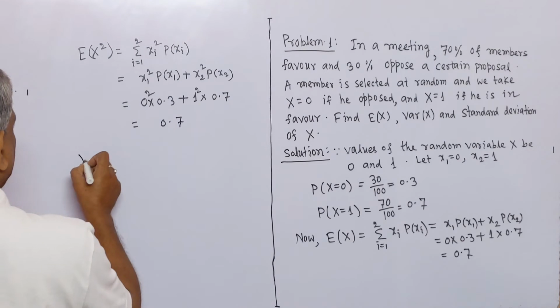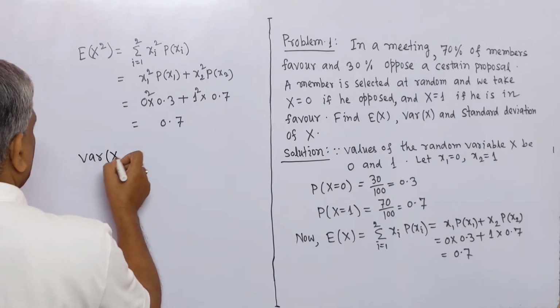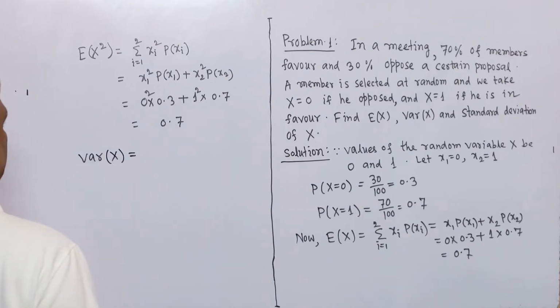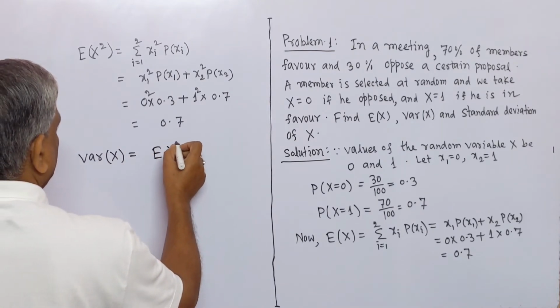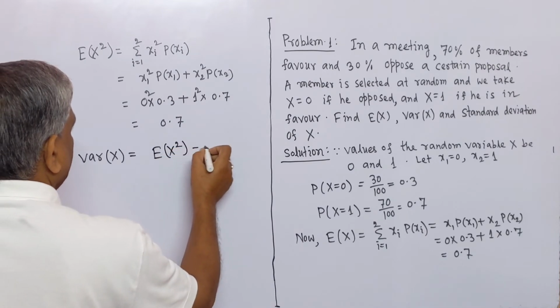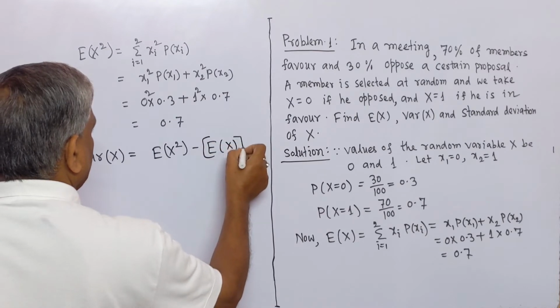Now variance of X. Variance of X equal to, we know, E[X square] minus (E[X]) whole square.